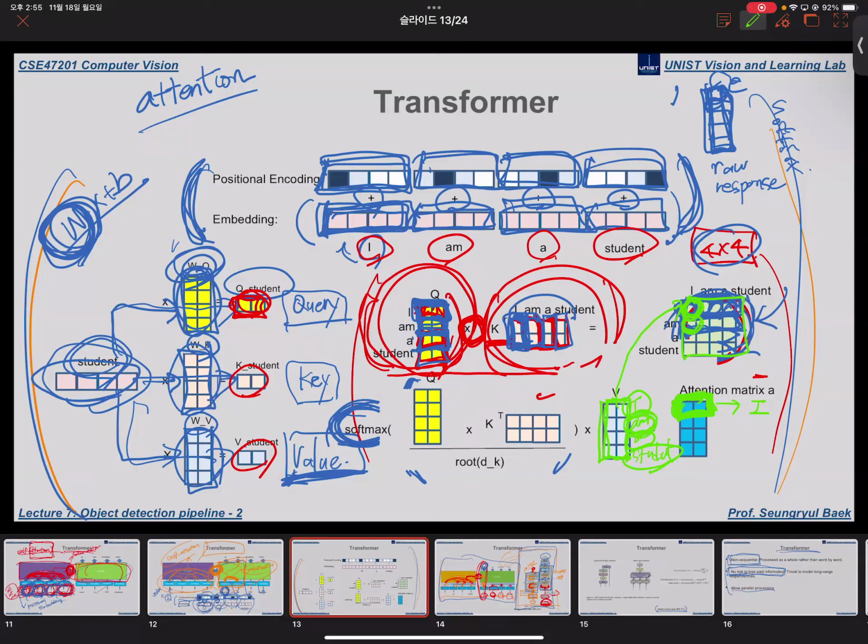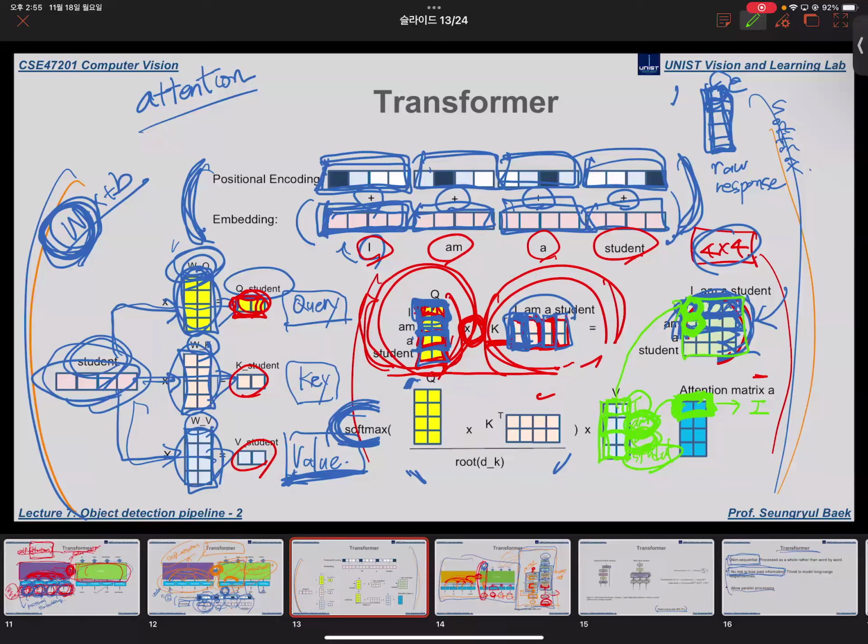So for M, their value is contributed to this I feature, but their contribution is decided by the similarity between M and I, their feature similarity encoded in this affinity matrix.